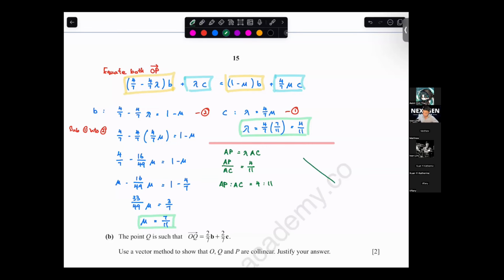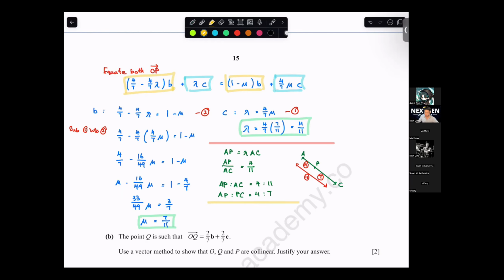They give you A, P, C. That means this is 4 parts, then this is 3 parts, because the entire thing is 11 parts. Got it? This is how we understand. So you just need to write one more conclusion, which is AP to PC is equal to 4 to 7.